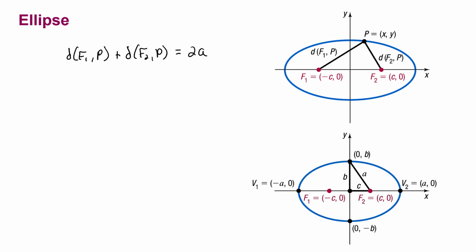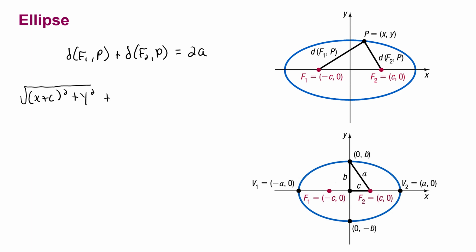We can use the distance formula to find the distance from any arbitrary point P on the ellipse with coordinates (x, y) to the focus F sub 1 at the point (-c, 0). This would be the square root of the quantity (x plus c) squared plus y squared.